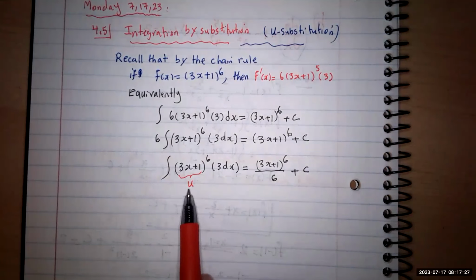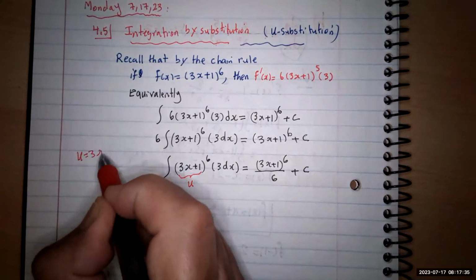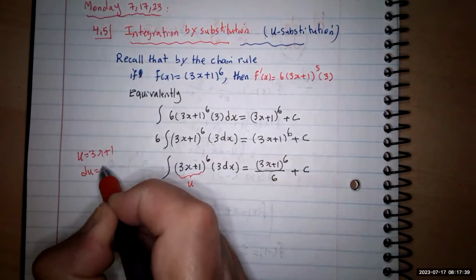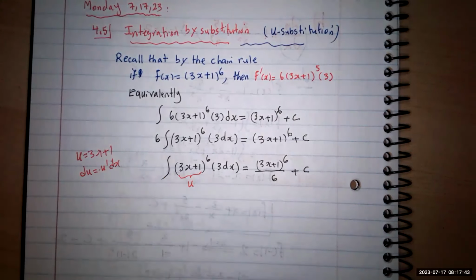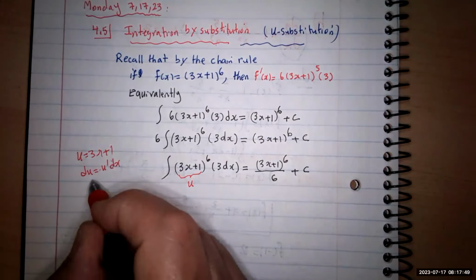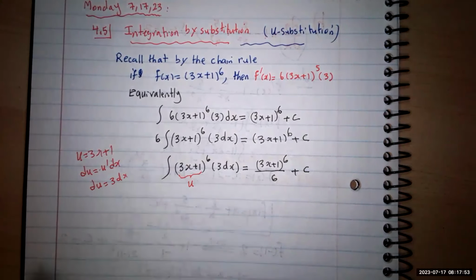Remember, differential is the derivative. Just to remind you, if u is 3x plus 1, the differential of u is u prime times dx. Remember, you differentiate, you multiply it by dx. Now what's going to be u prime? u prime is 3. So in this case, your du would be 3 dx.